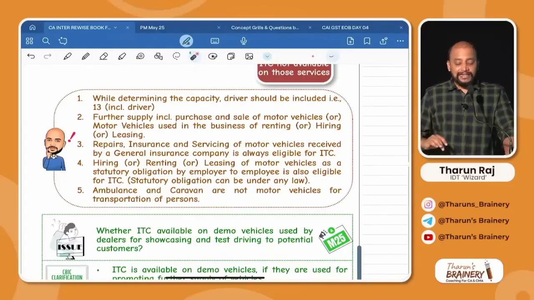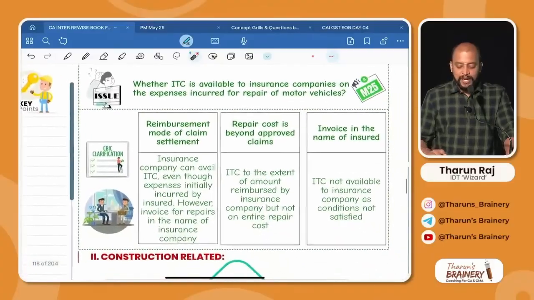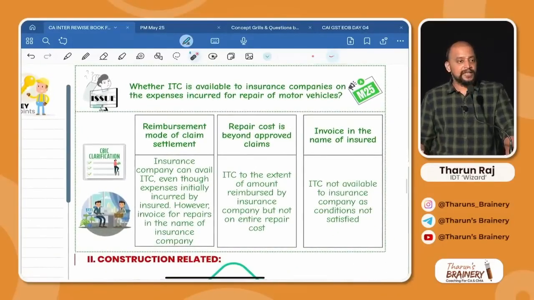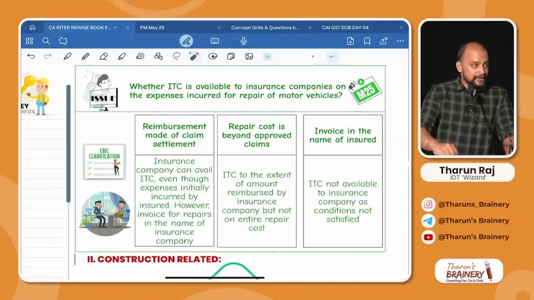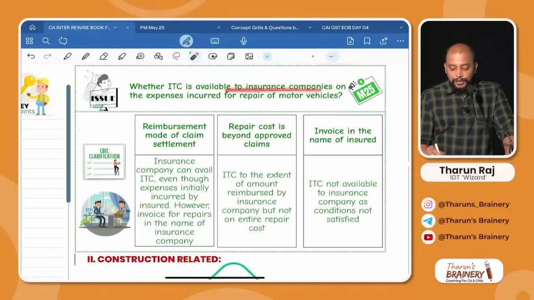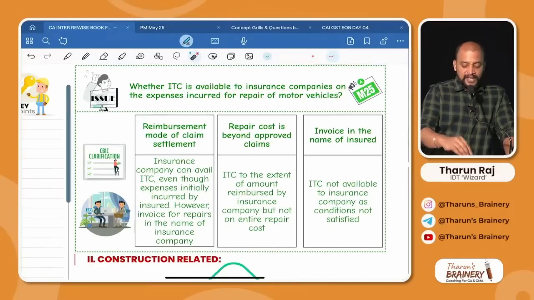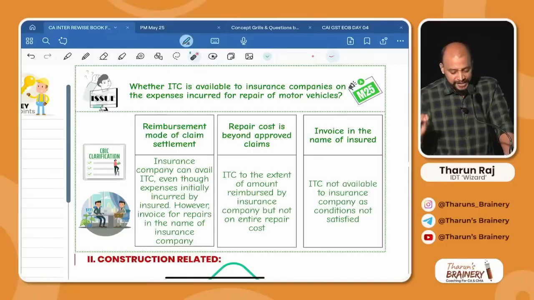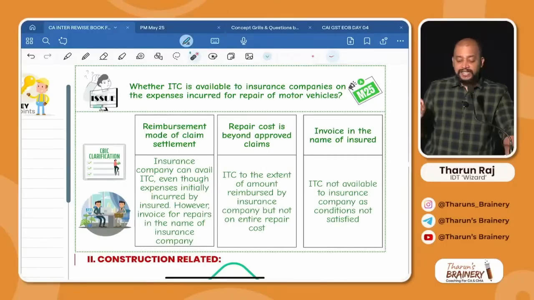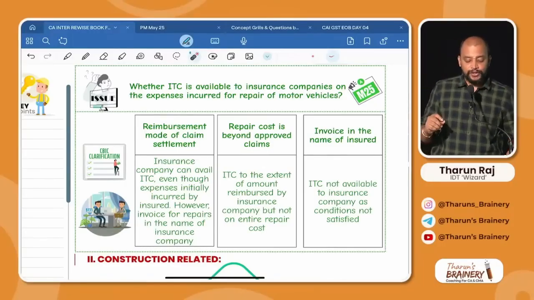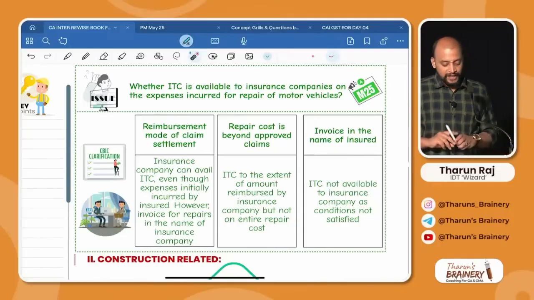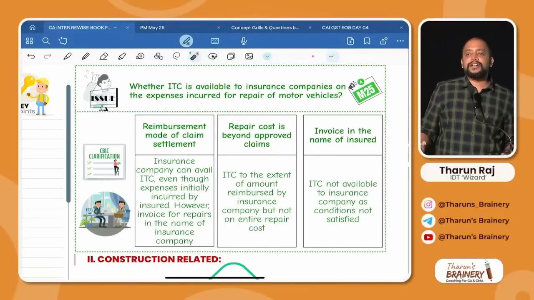In this regard, they have given one circular, that's an amendment you can see here. In the next page you can see May 25, one newly added circular is there. Whether ITC is available to insurance companies on the expenses incurred for repair of motor vehicle, for which there are different types.